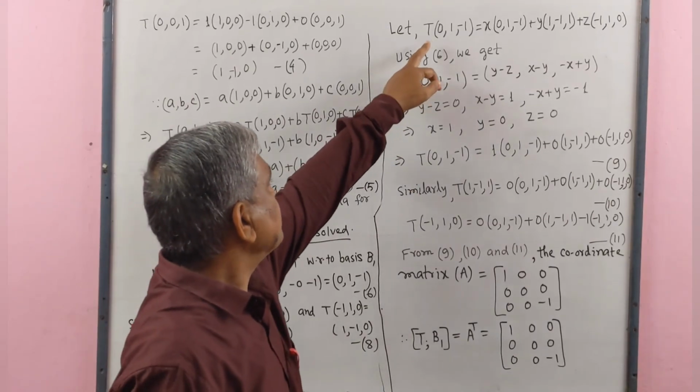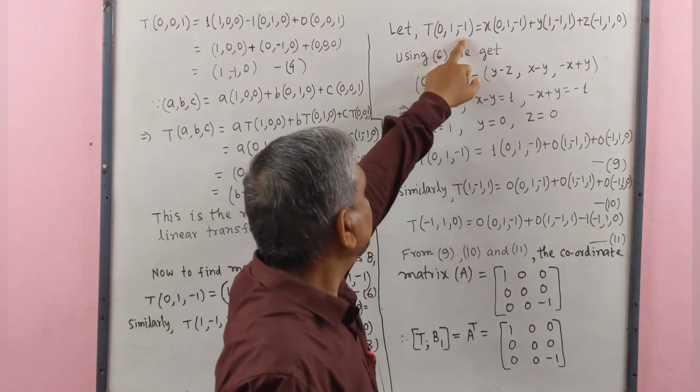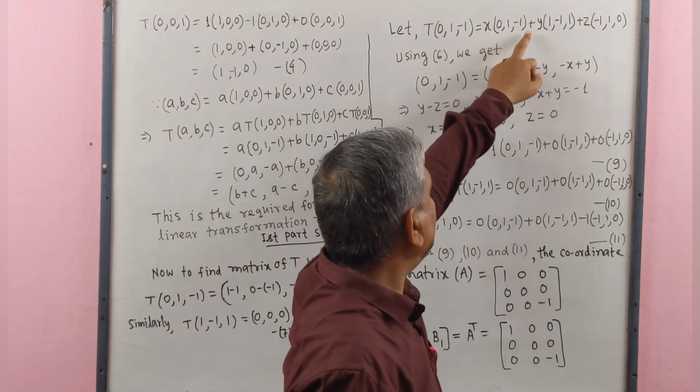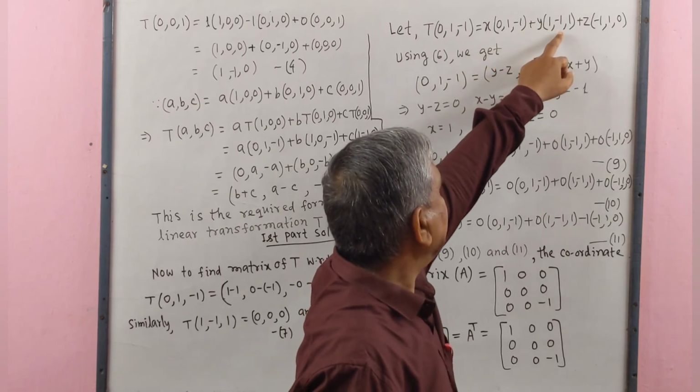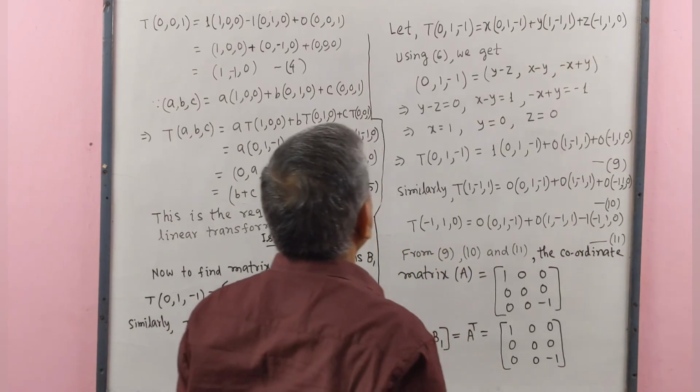Let the linear transformation of the first element of basis B1 equal x times the first element of basis B1 plus y times the second element of basis B1 plus z times the third element of basis B1.